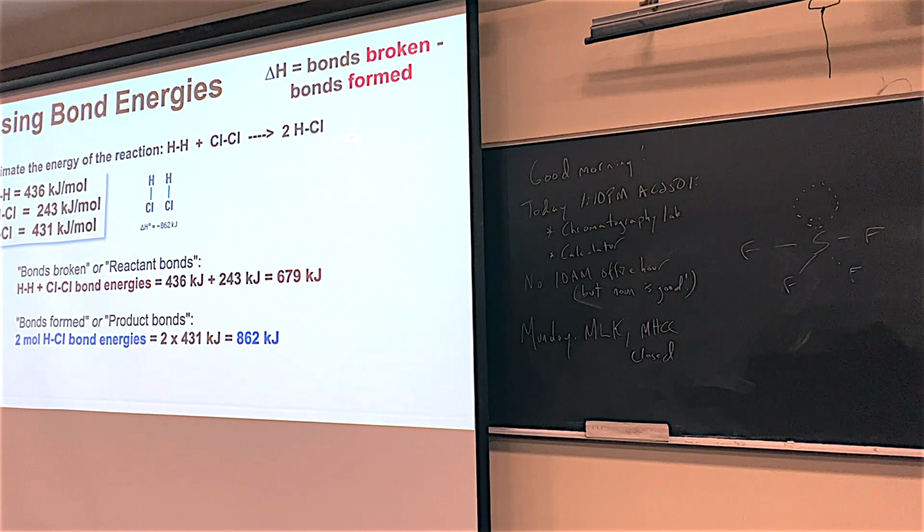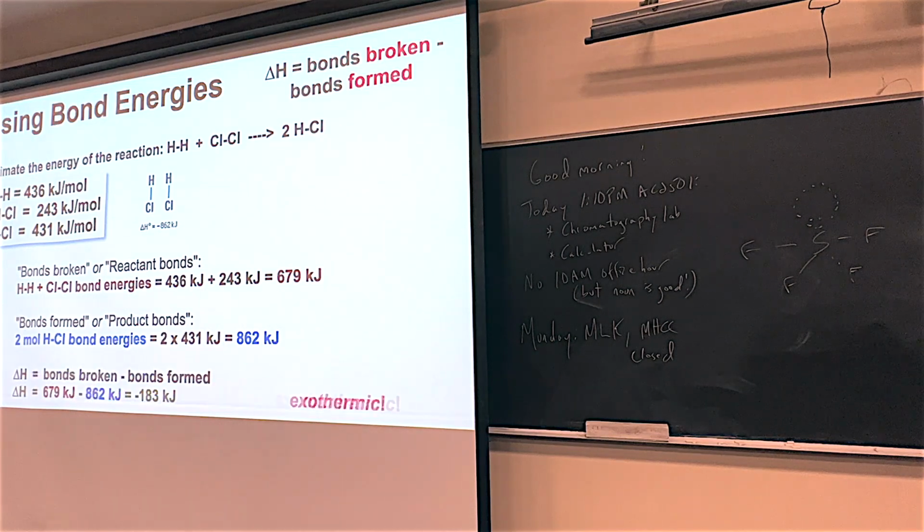There are 2 HCl's, so 2 times 431 is 862. Bonds broken minus bonds formed would be 679 minus 862. This is a negative number, negative 183, and this shows that this reaction is exothermic. Energy is being released in this reaction.